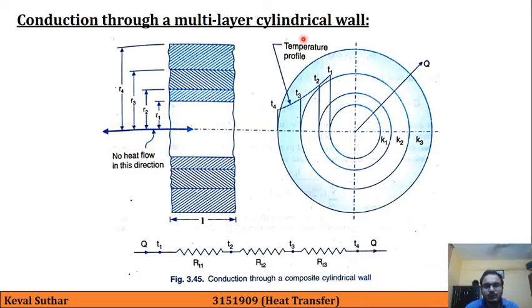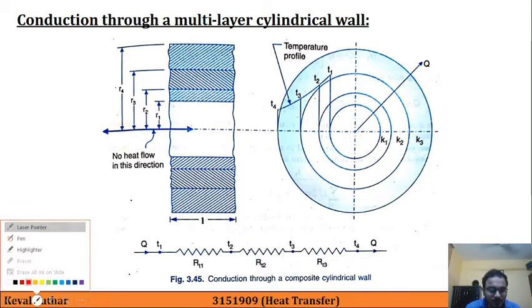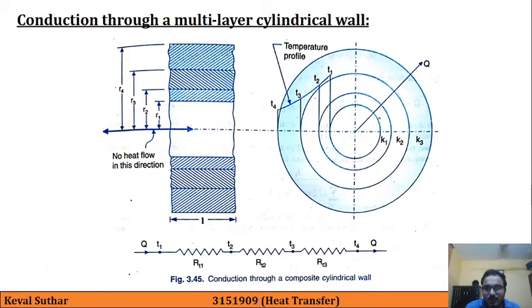So first of all, we will focus on this figure. Here, consider this is the inner portion of pipe, and there are different layers which are attached to it. So let us say that this is our first layer, that is, I am talking about this portion, this entire circle.